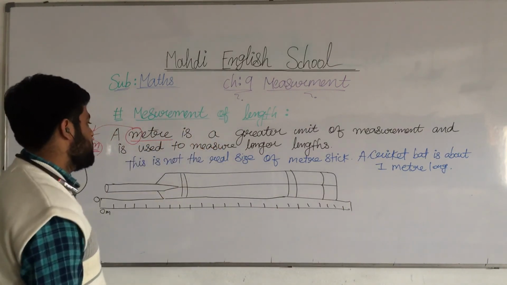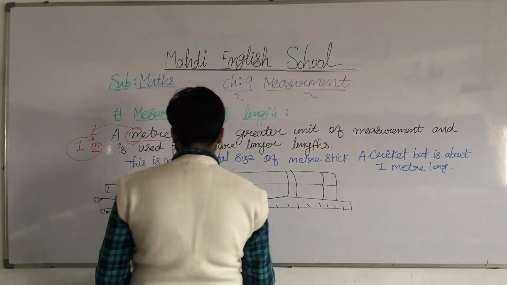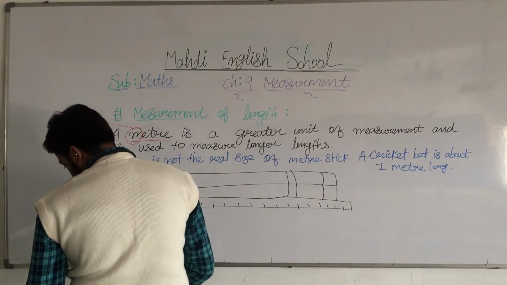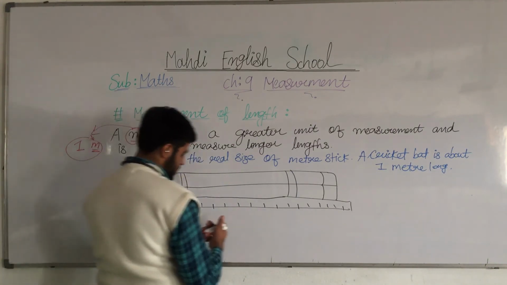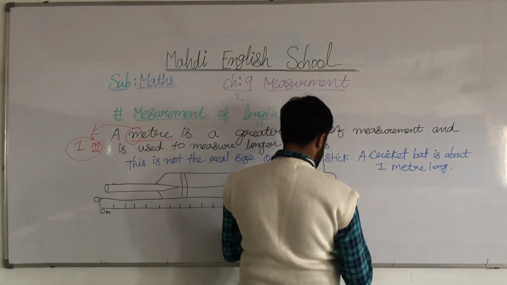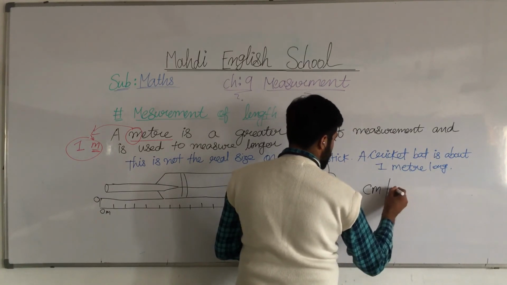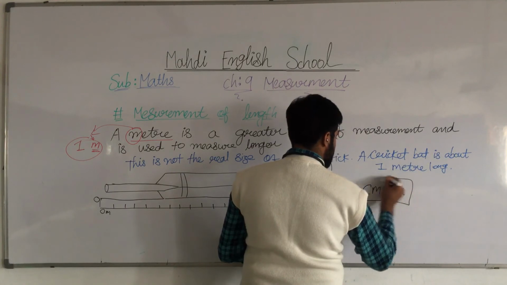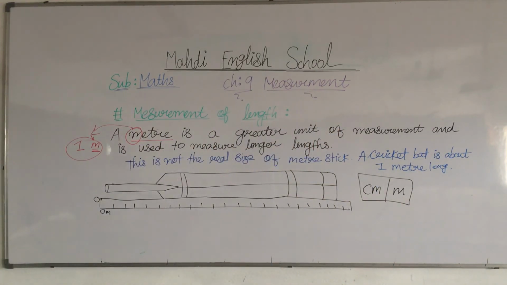It's not a centimeter scale, it's the big length scale. But my point, my dear students, is what to do? What would you use to measure this, centimeter or meter? Means we have to find which one we are applying, centimeter or meter. We have to choose the correct option. Okay, so now note down all this first, my dear students, and then I will explain to you.